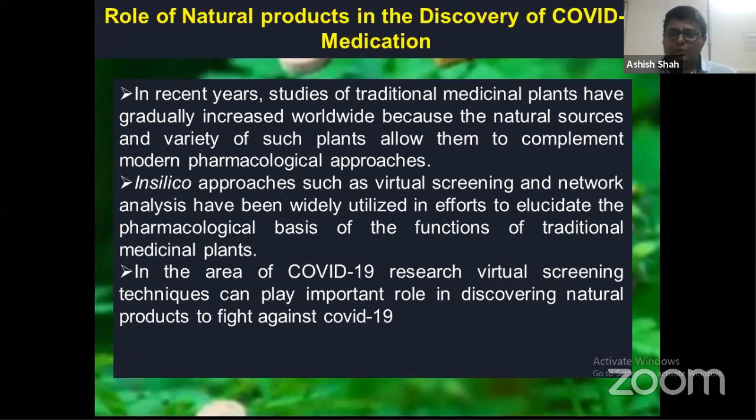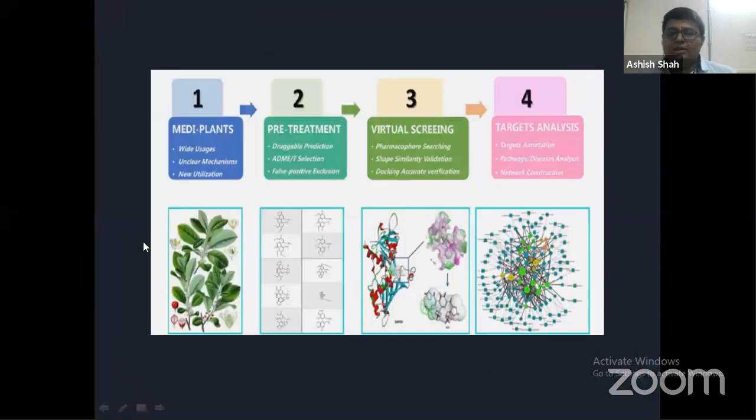So you can hypothesize that as it is reported to have antiviral activity, I can check it on a COVID target. You just select any one COVID target and do docking and ADME filtration and so on. You may end up with good results, or the compound will have better results in silico. So natural products are also going to play an important role, and this workflow is followed.